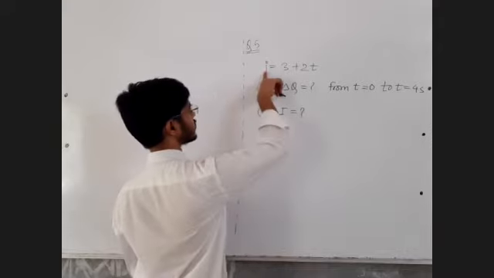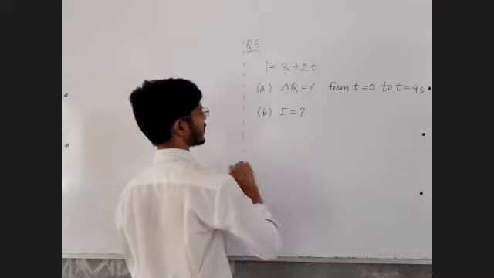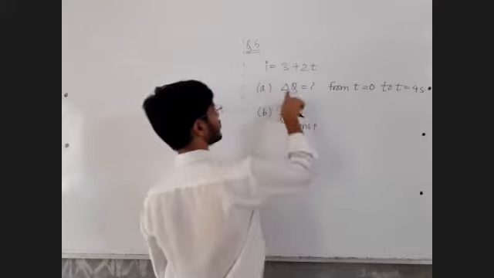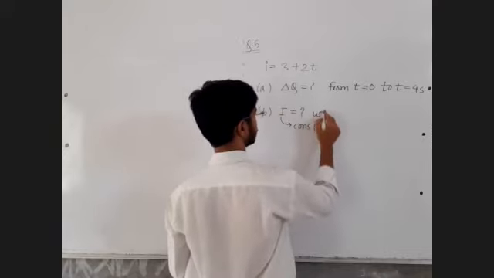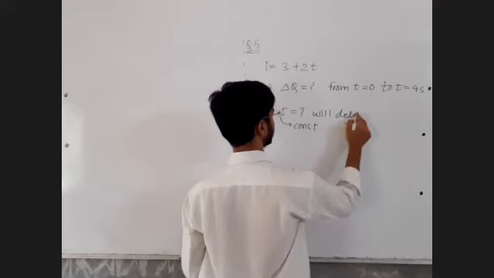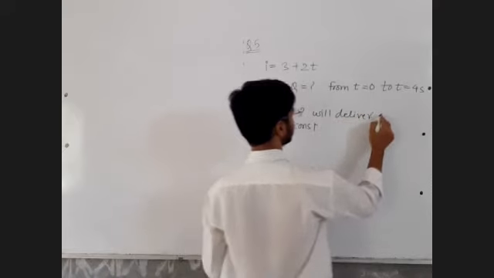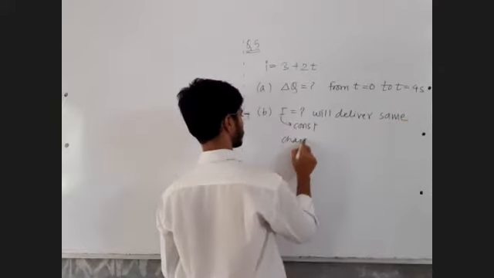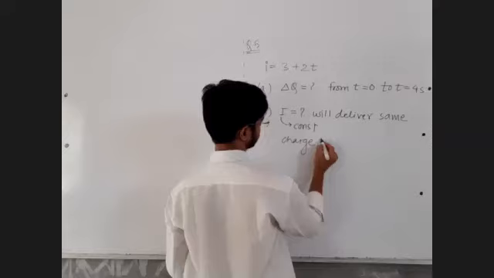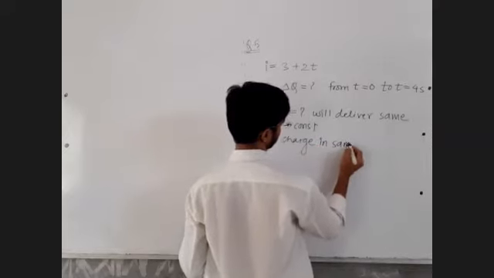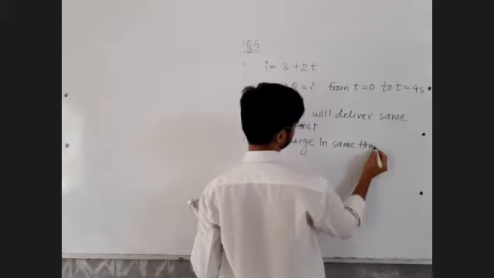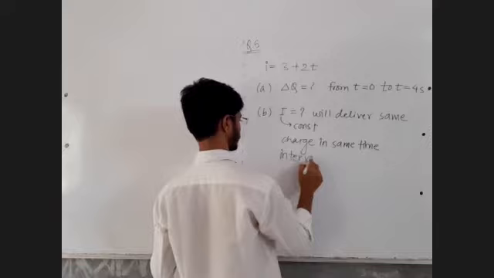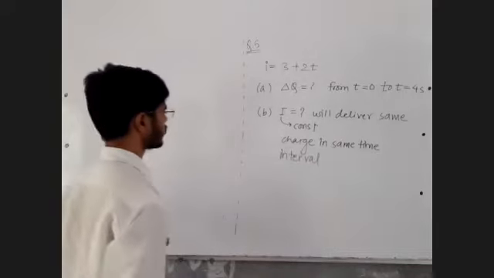Let us denote the variable current by small i and constant current by capital I. What value of the constant current will deliver same charge in same time interval? Okay, fine.